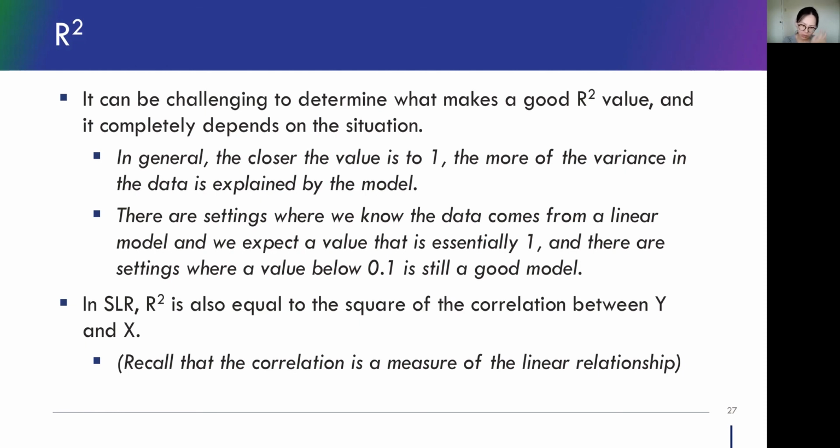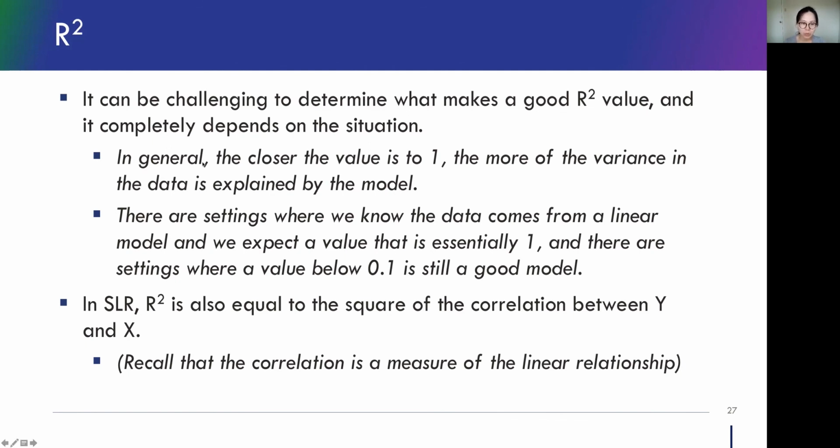In simple linear regression, R squared is also equal to the square of the correlation between y and x. If you calculate the correlation between y and x and take the square, you get your R squared. Recall that the correlation is a measure of the linear relationship between two variables.